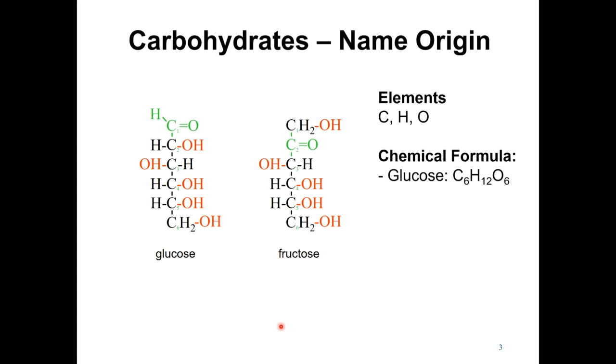Hence the chemical formula is C6H12O6. If you count them in fructose as well, you get exactly the same chemical formula, C6H12O6. You will see the same thing if you go through other monosaccharides such as ribose, galactose, and so on.